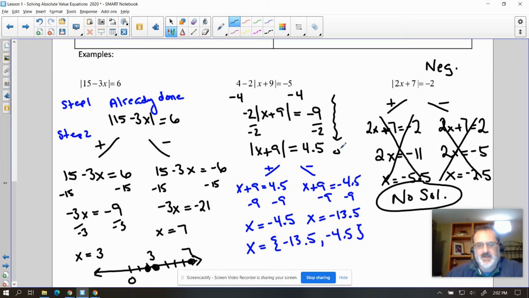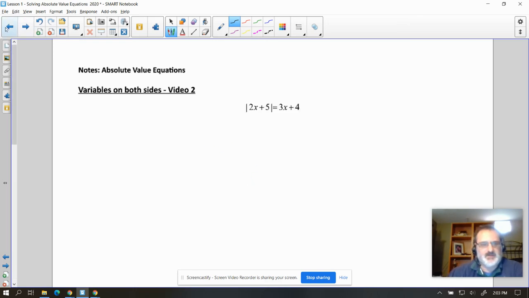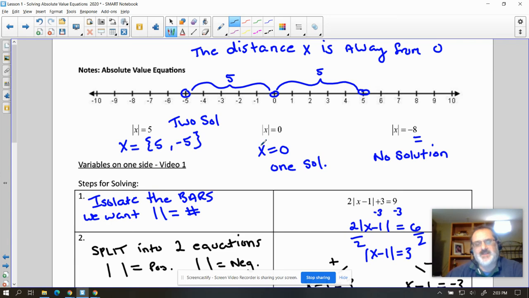So this is okay to go forward. So it's only after you isolate the bars, after doing step 1, where you've got to check whether this number is positive or negative. If it's negative, there's no solution. If it's positive, there is going to be two solutions. And that concludes our examples of one-sided absolute value equations.